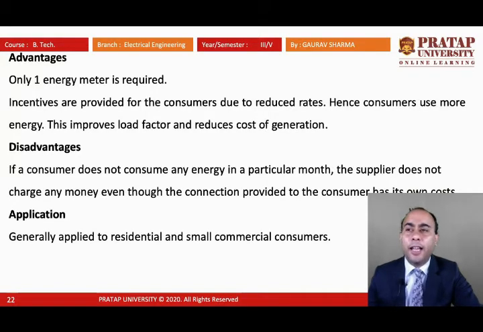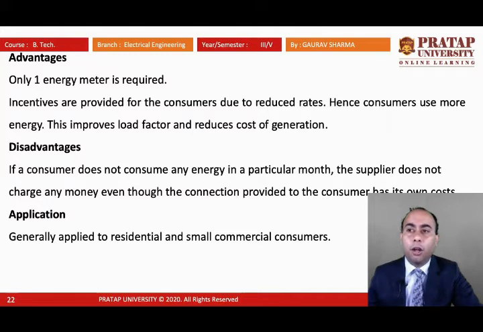The advantage is that only one energy meter is required for that. Incentives are provided for the consumer due to the reduced rate. The disadvantage is that if a consumer does not consume any energy in a particular month, the supplier does not charge any money, though the connection provided to the consumer has its own cost.